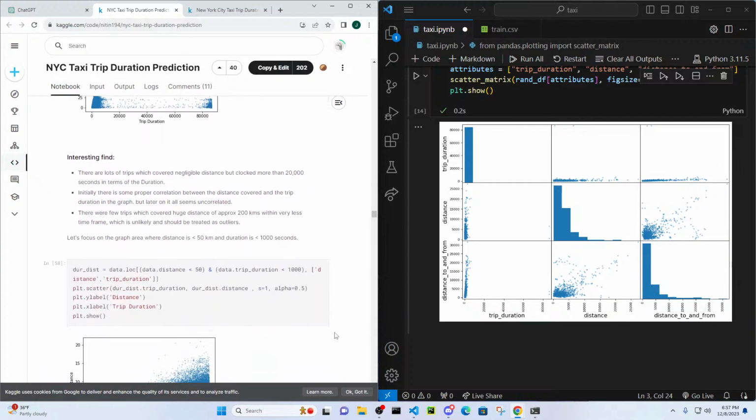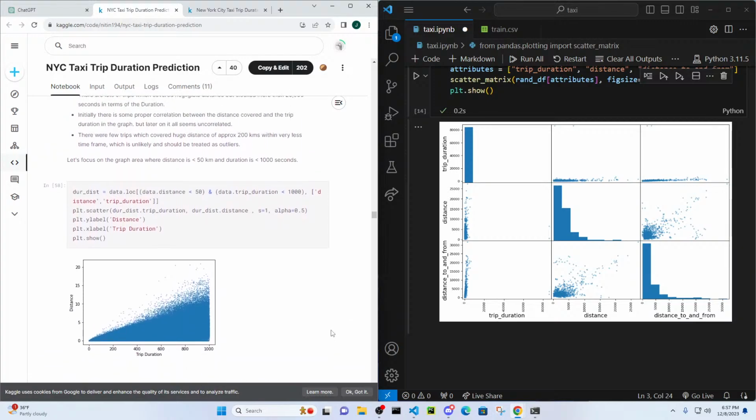Let's focus on the graph where distance is the area. Okay, so that's very similar there. So this is trip duration of just 1,000. Okay. And then distance. So he took all the trips where the distance was less than 50 and the duration was less than 1,000.